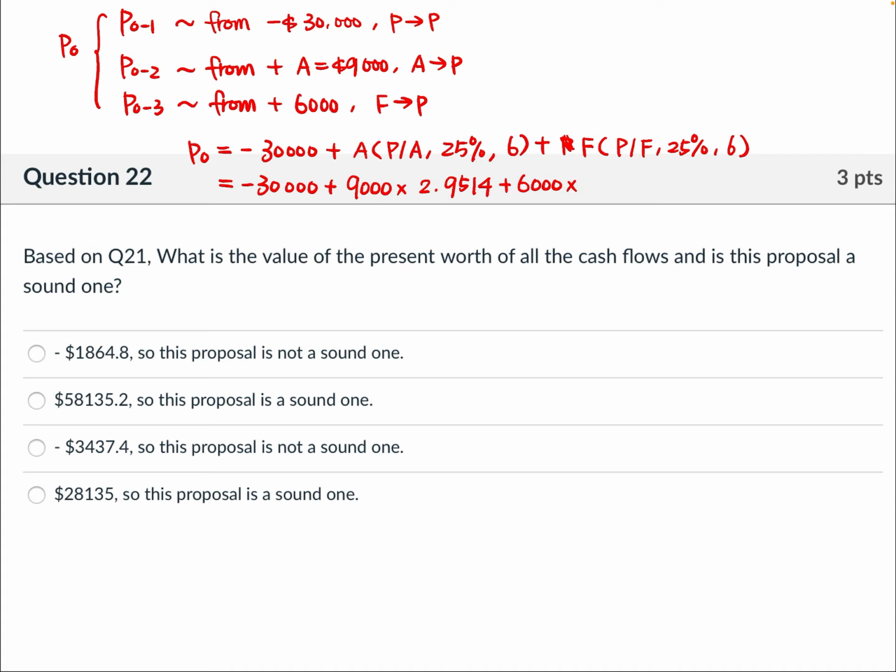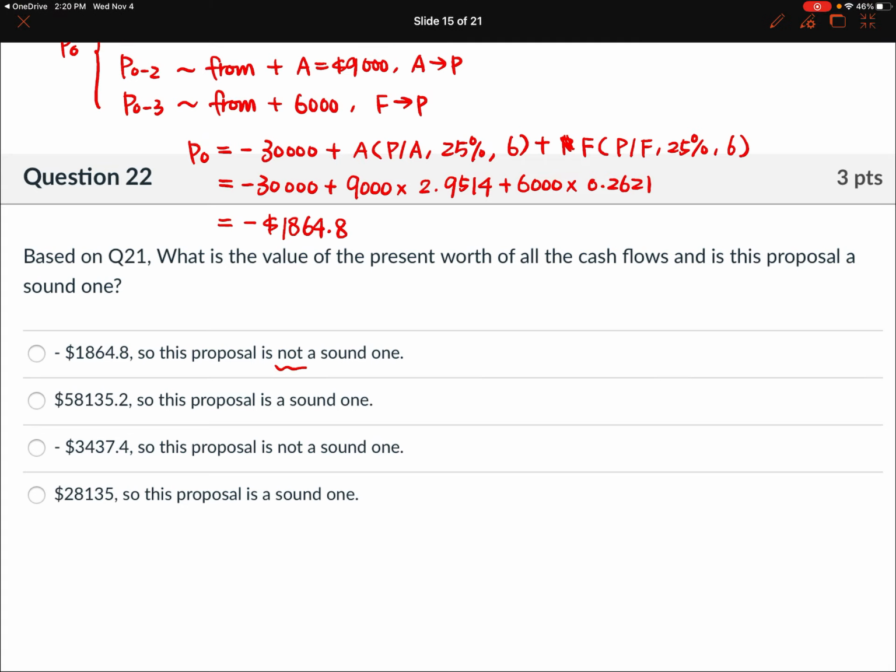And then the factor is 0.2621. So your final answer is negative 1864.8. It's negative, which means you are going to lose this amount of money if you accept this proposal. Okay, so it is not a sound one. So this is your correct answer.